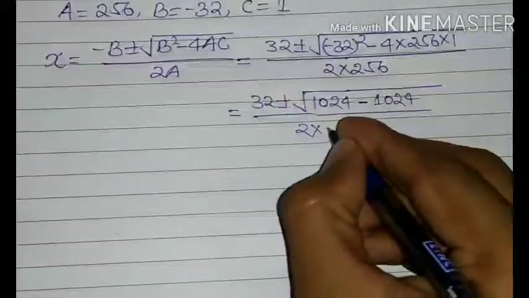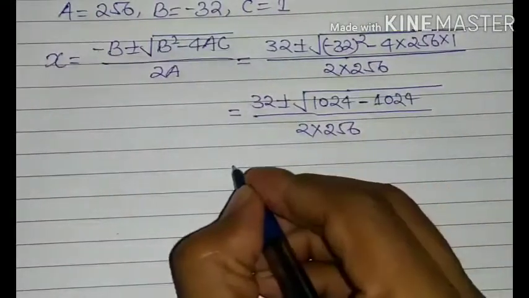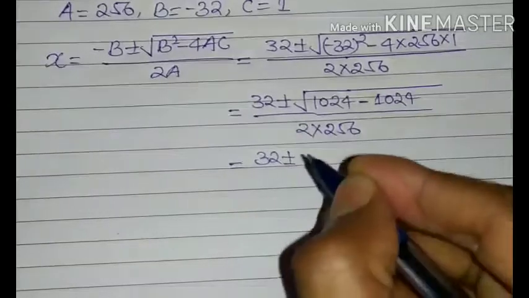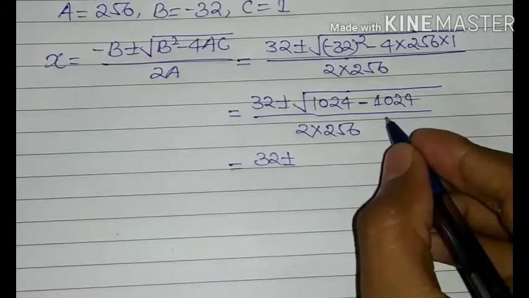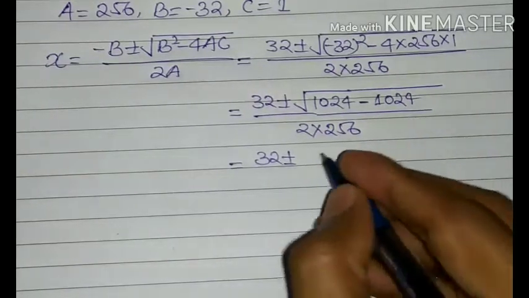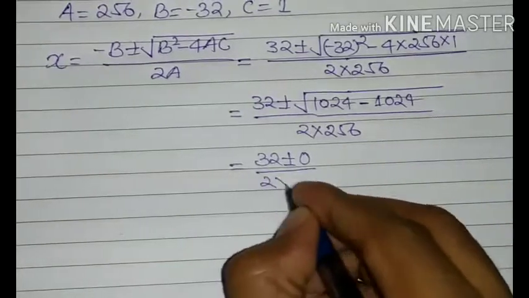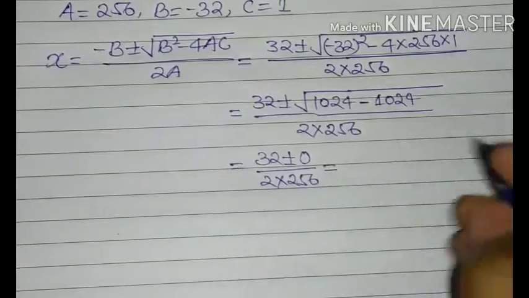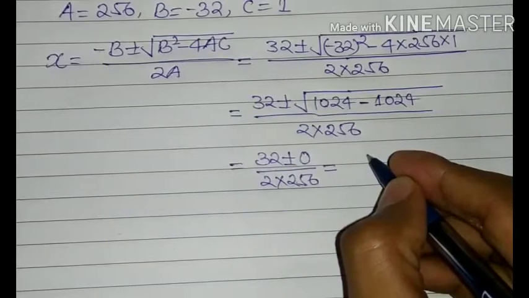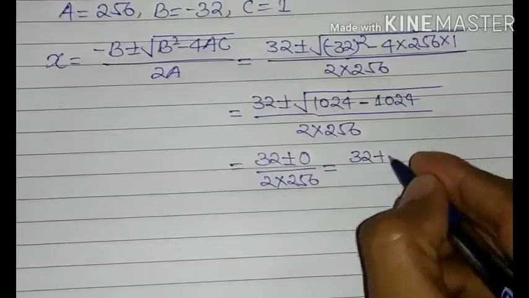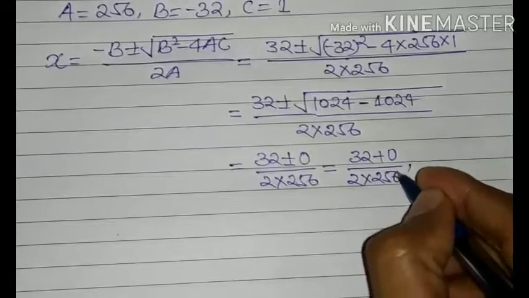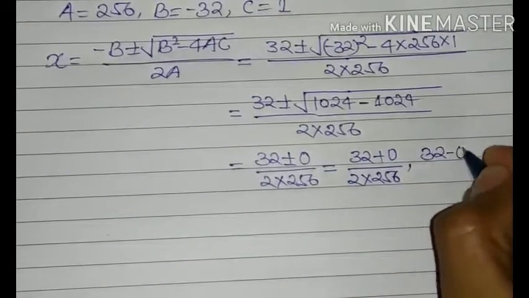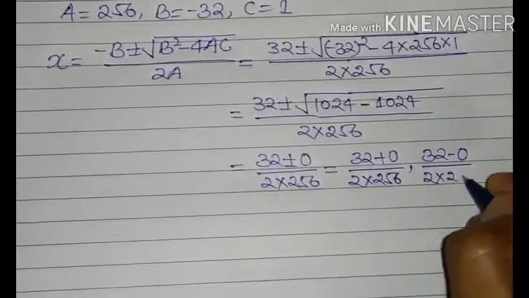Okay, which divided by 2 into 256, which is equals to 32 plus minus root over 0, 1024 minus 1024 will be equals to 0, under root 0 will be 0 by 2 into 256, which is equals to, I am taking first positive sign, then after that negative sign, then it will be 32 plus 0 by 2 into 256 comma 32 minus 0 by 2 into 256.